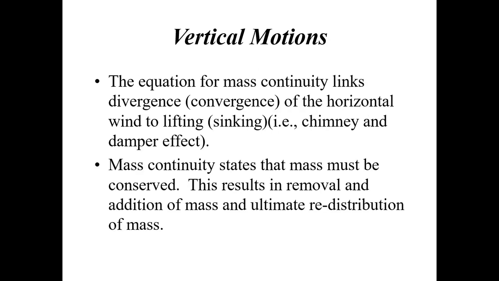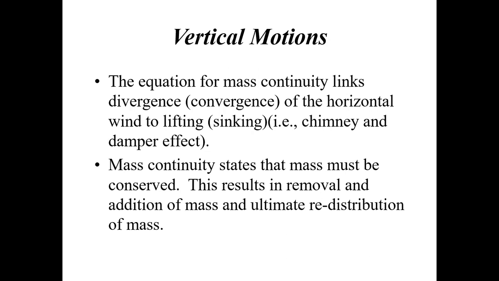With vertical motions, and I mentioned this in the last training, this is a continuation of the last training video. We talked a little bit about mass continuity, which simply put states that mass can be neither created nor destroyed.